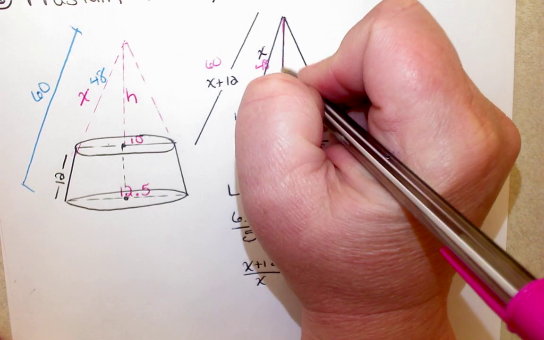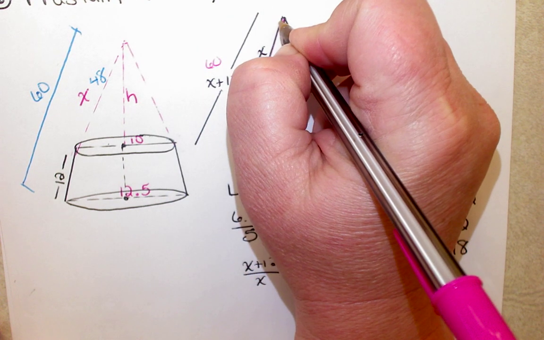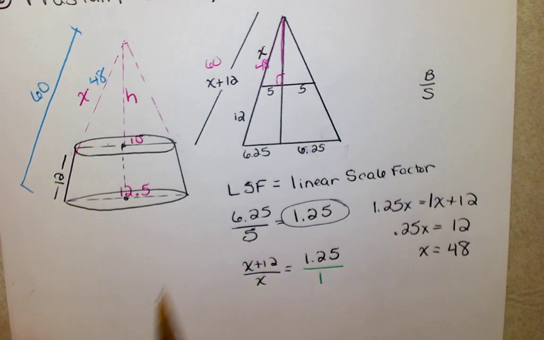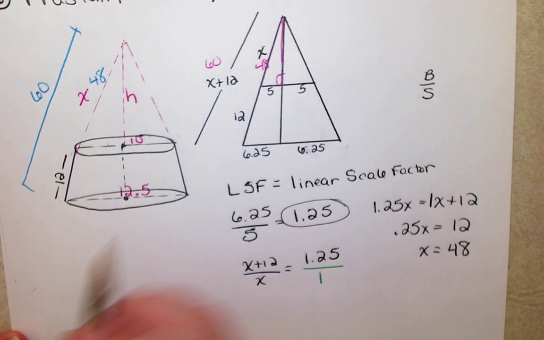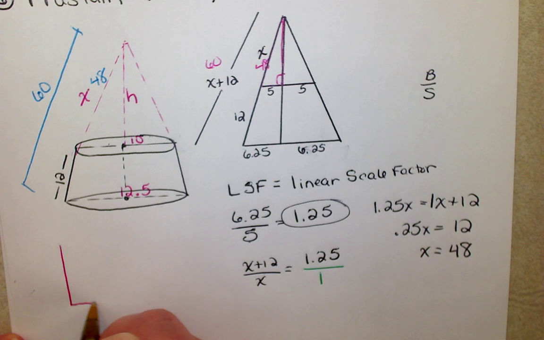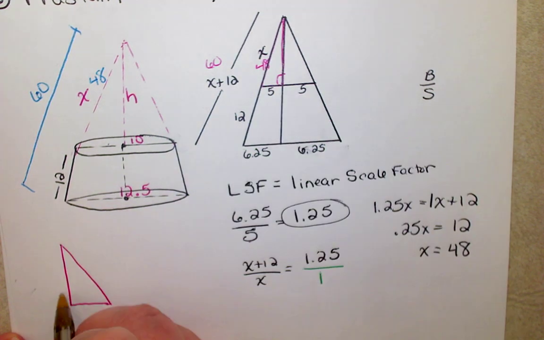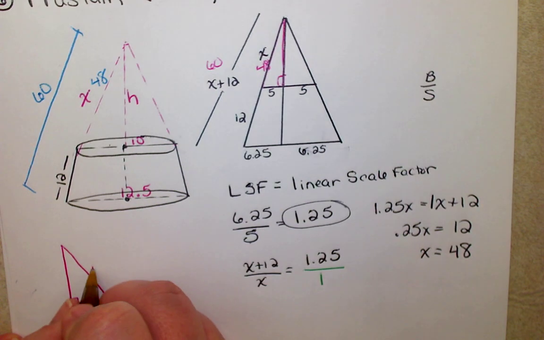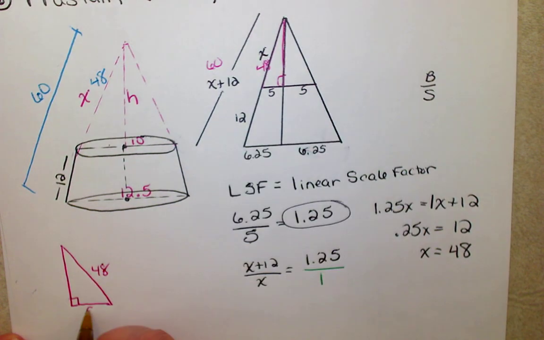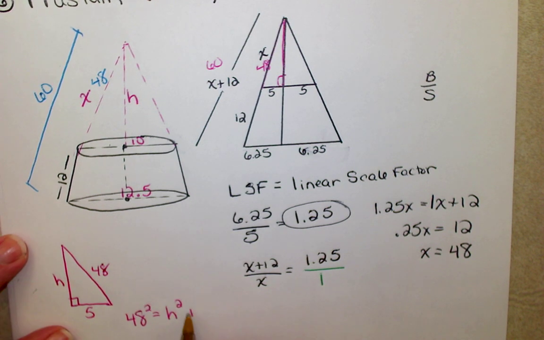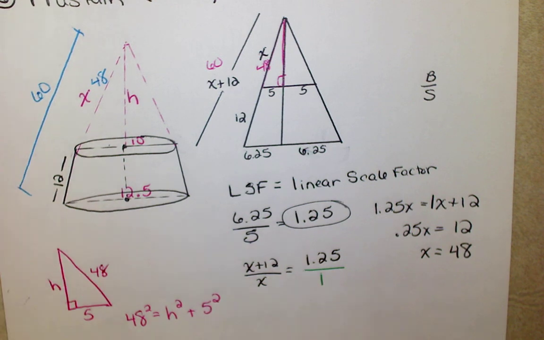All right, if this is 48, this is 60. So if I look at this triangle right here, well, let me just redraw that piece. So that is the hypotenuse, 48. My radius is 5, and I'm looking for the height. So I've got my hypotenuse squared is equal to my leg squared plus my leg squared.